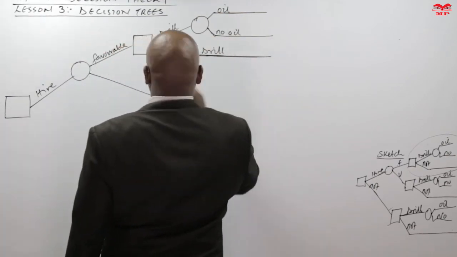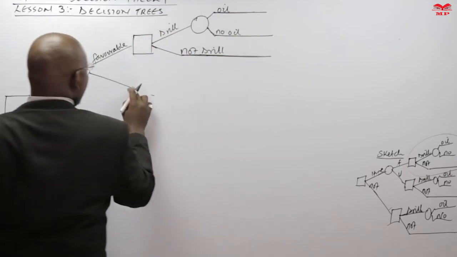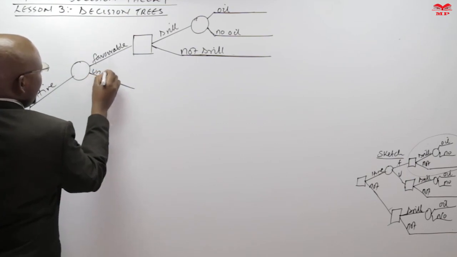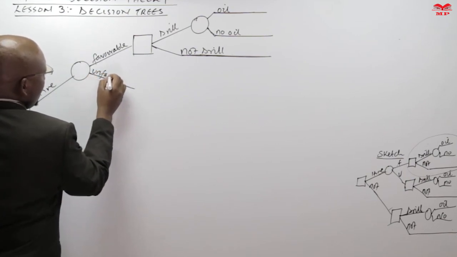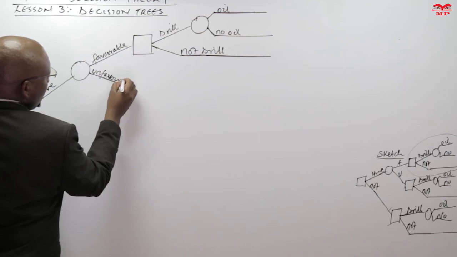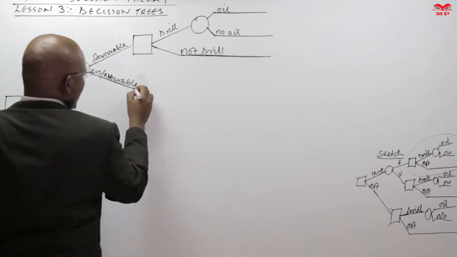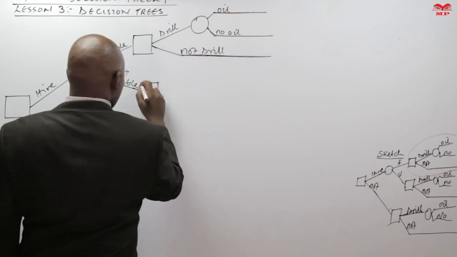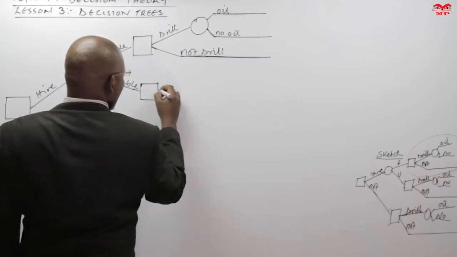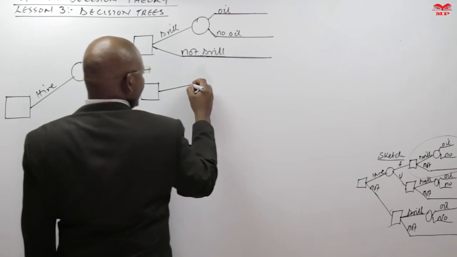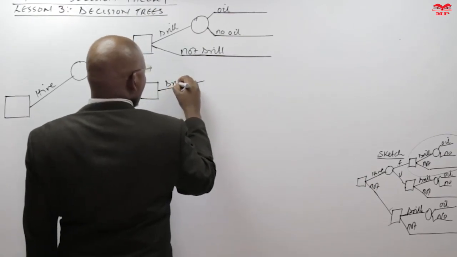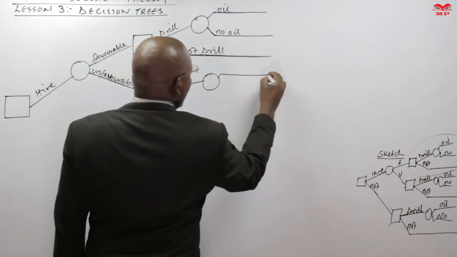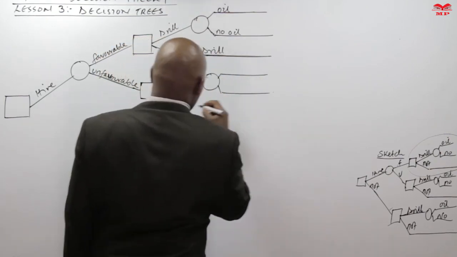Then from there, we have the unfavorable. This is unfavorable. So this one will also have a decision to make, that you're going to drill for oil with the outcome being oil or no oil.